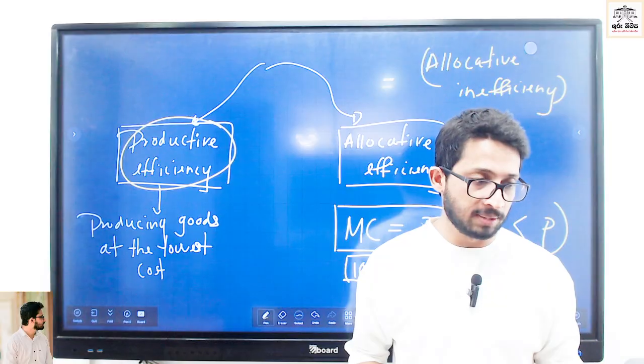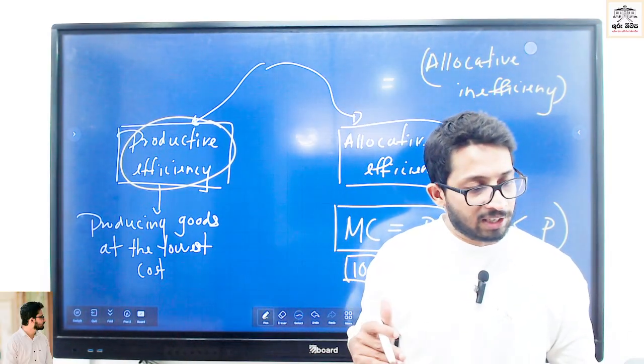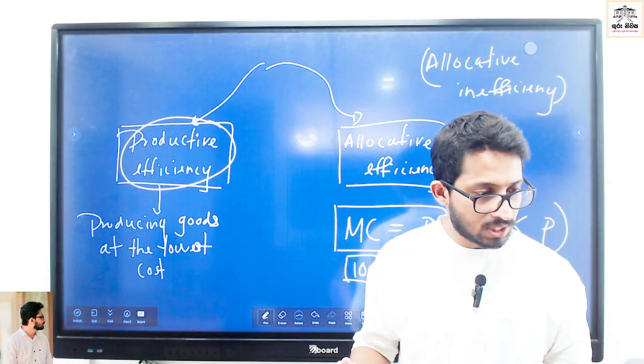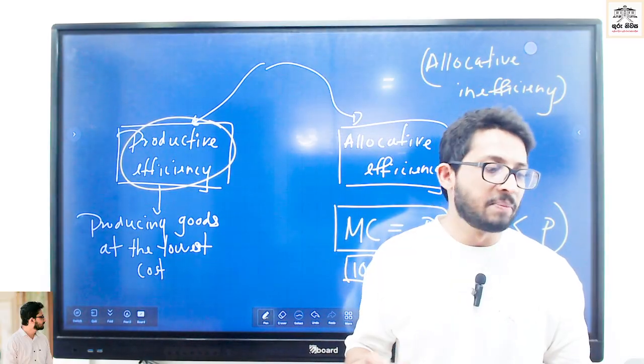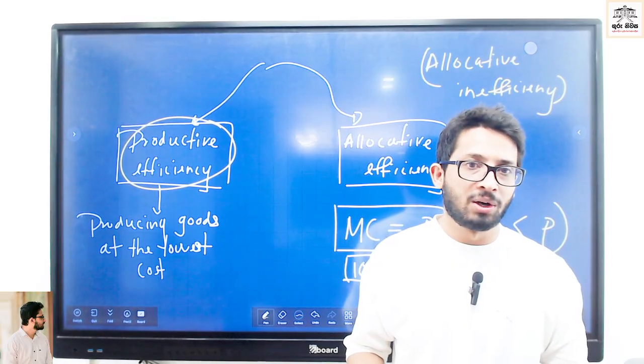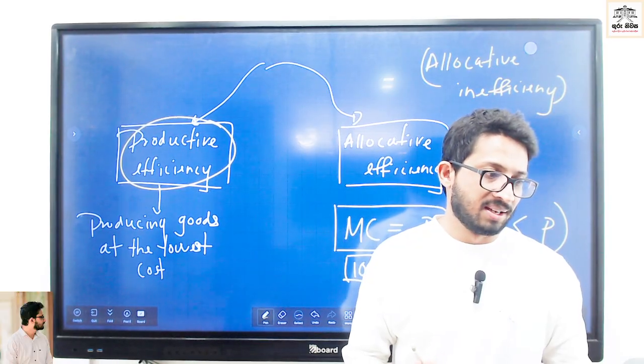I appreciate your answer. The reason is, to produce goods and services at lowest possible cost, they don't have any competition, they don't have any enthusiasm or any pressure, right?